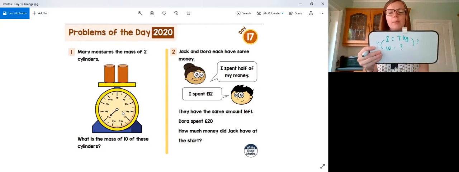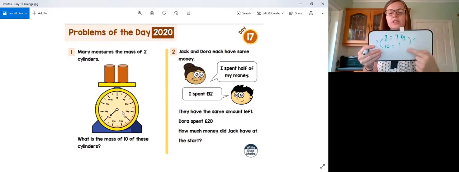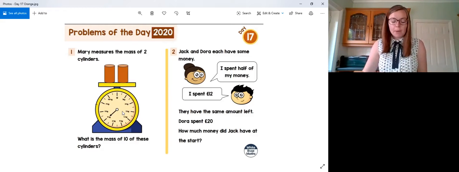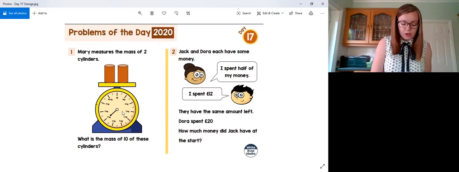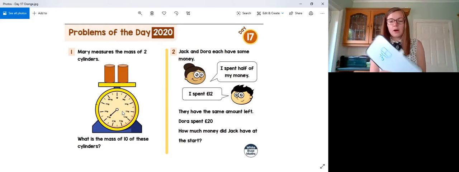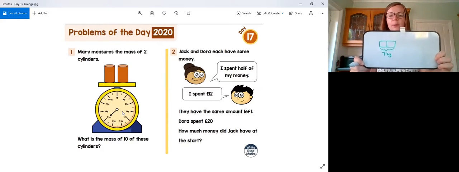And if I do that, because I have an equal sign in the middle, I'm going to have to do the same to the other side to make sure they are equivalent. It might help to think about this one visually. So we might show that we have 2 cylinders and between them they are 7 kilograms.